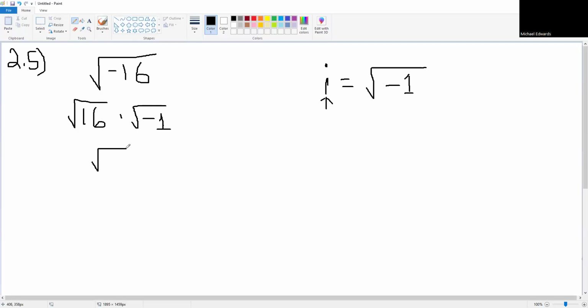So we rewrite it as square root of 16 i. Or since we know the square root of 16 is just 4, this is 4i. So this is an imaginary number, but we can have a solution for it.